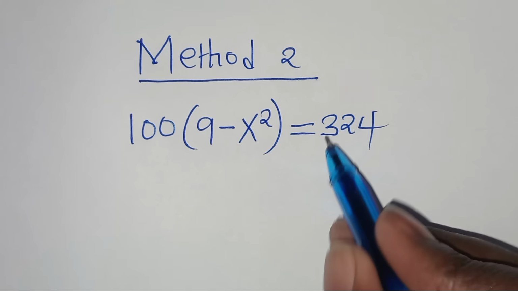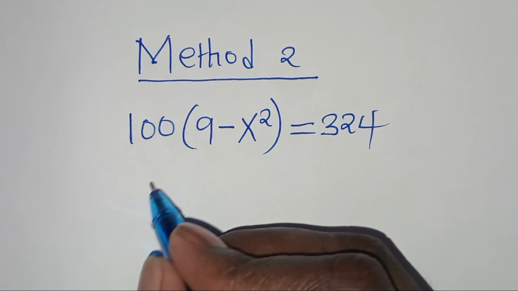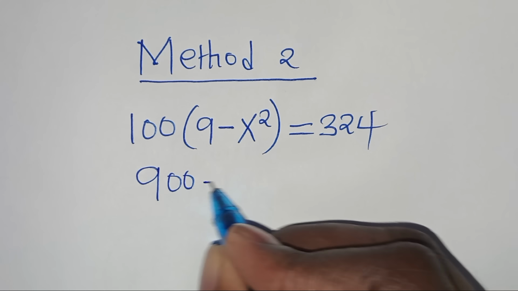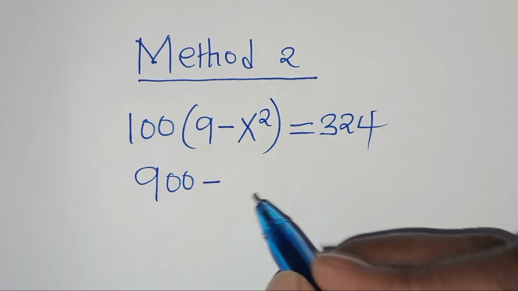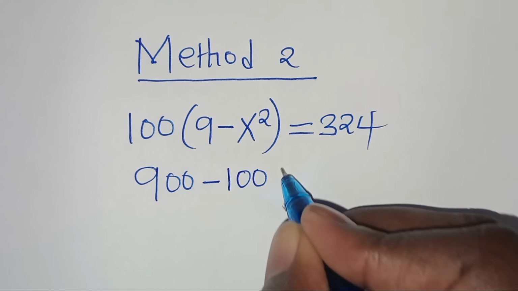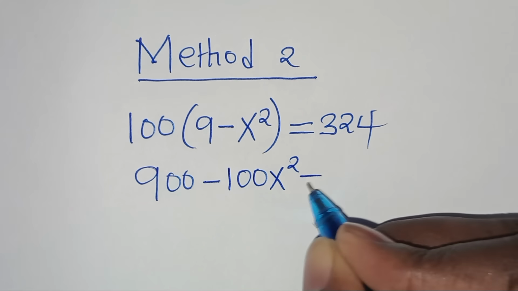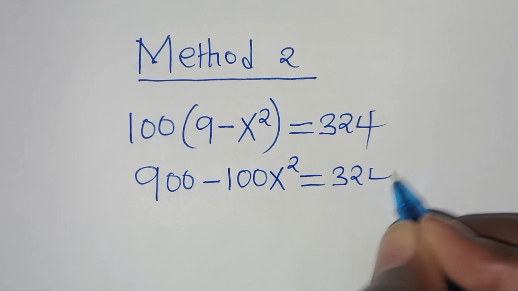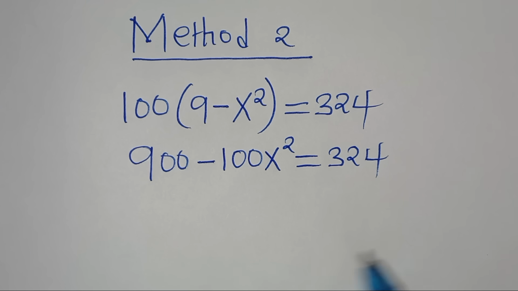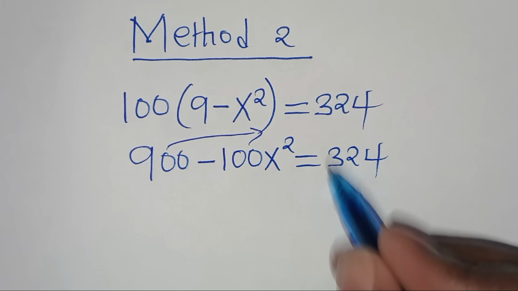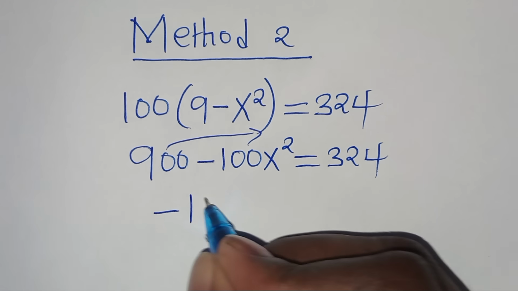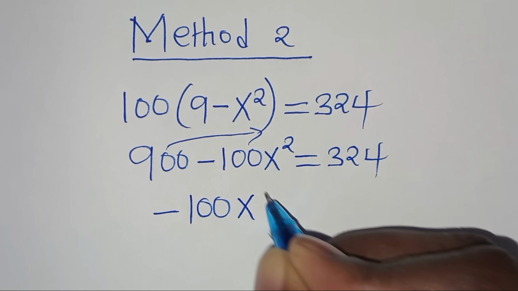So this implies that we have 100 times 9. This is 900 minus 100 times x squared. This is minus 100 x to the power of 2. This is equal to 324. The next step is to take 900 to the right hand side so that we have minus 100 x to the power of 2.